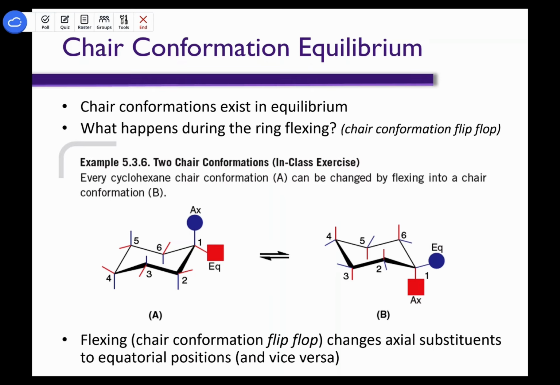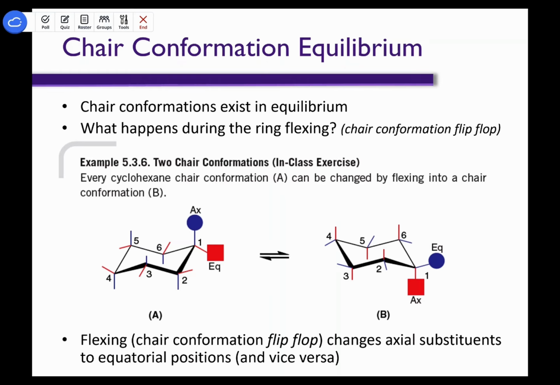I'm going to put my hands on carbon 1 and 4 again, the up of the chair where your head goes, the down of the chair where your footrest is. If I take the up triangle here and flip it down, and the down triangle here and flip it up, what happened to all of my red balls? What position are they now in?